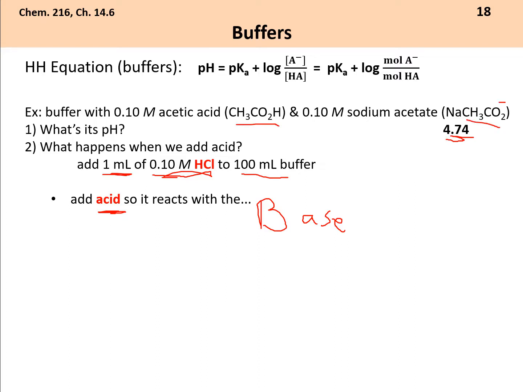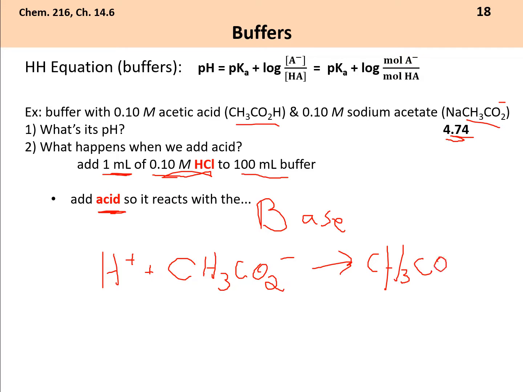It's going to react with my base, which is the CH3CO2 minus. Remember when we're talking about equilibrium, as Q goes to K, if we have an acid, it's going to react with a base. And once these two react, it's going to form CH3CO2H.